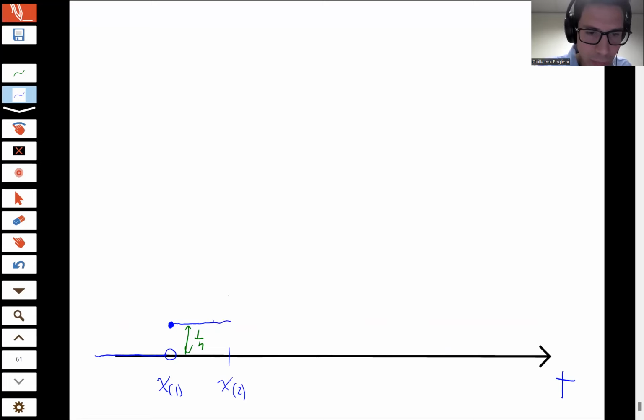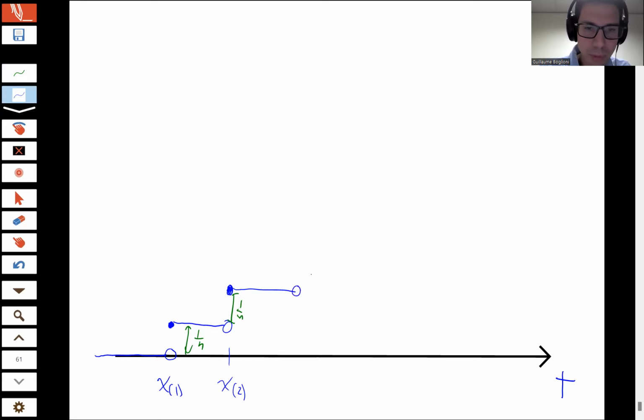So then you're going to have a jump, a discontinuity. From x2 you can ask, what's the proportion of data that are smaller or equal to x2? Well, there's 2 out of n. So you have another jump, of course, of the same size, 1 over n. And then you can keep going.